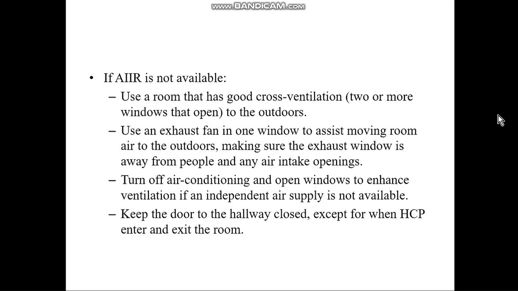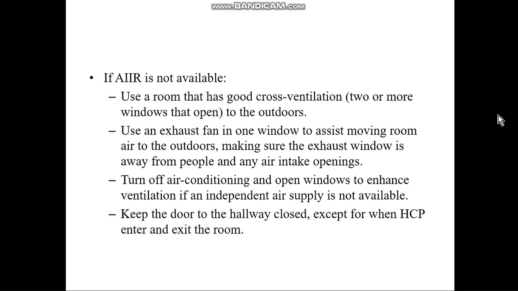If an airborne infection isolation room is not available, use a room that has good cross ventilation, 2 or more windows that are open to the outdoors. Use an exhaust fan in one window to assist moving room air to the outdoors, making sure that the exhaust is away from people and any air intake openings.